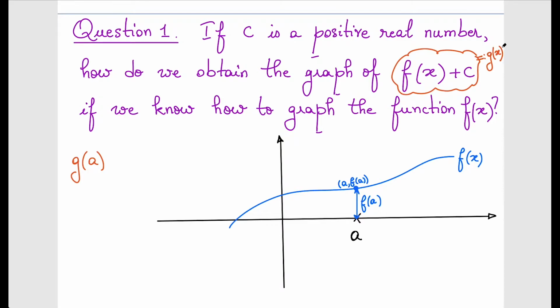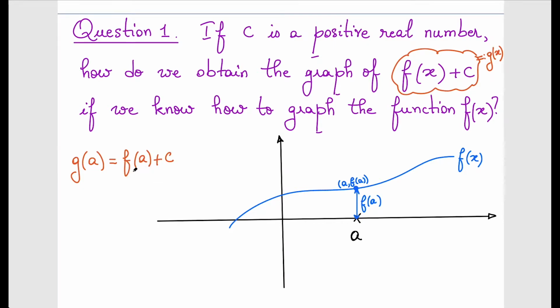Pretend that x is a placeholder for the input, right? Let's replace it by a bullet. G of anything is f of the thing plus c, okay? So what's g of a then? Well, g of a is simply f of a plus c, correct?